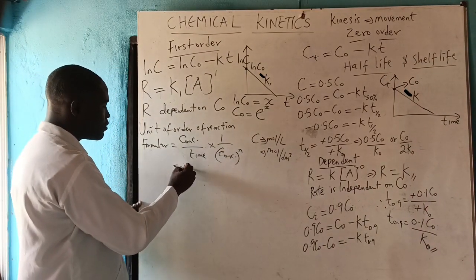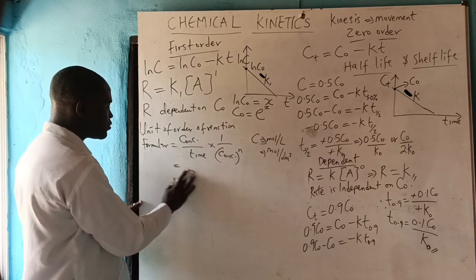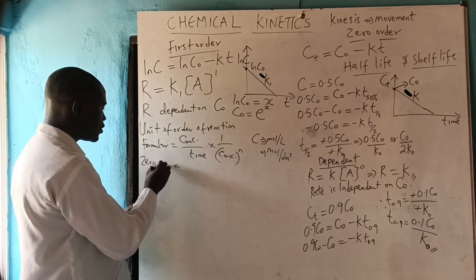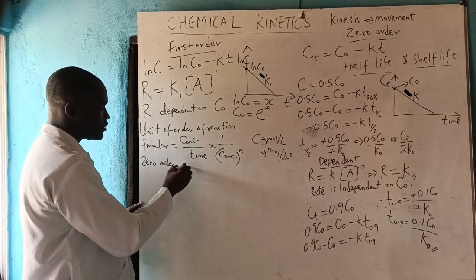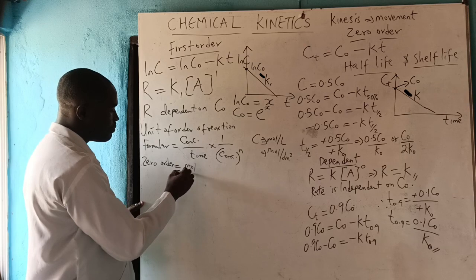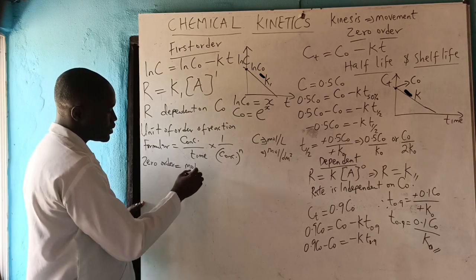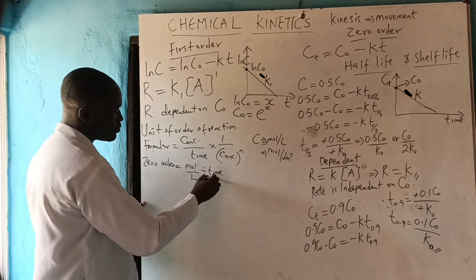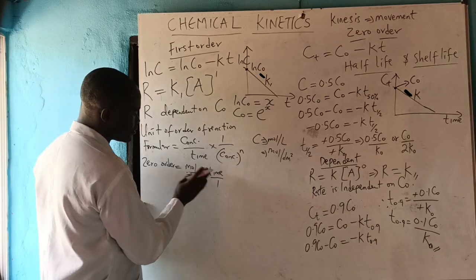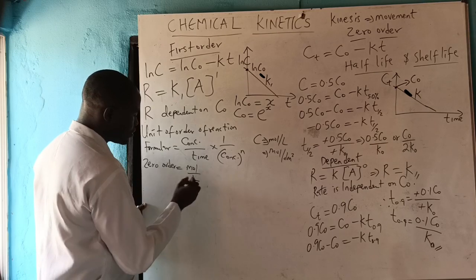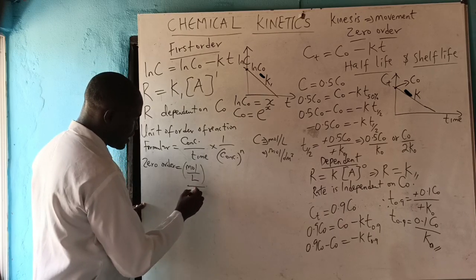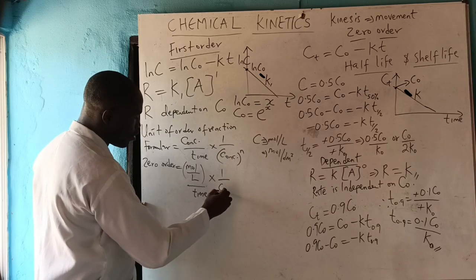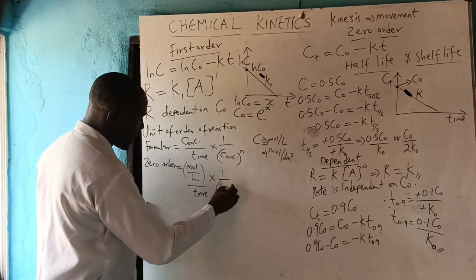This means for zero order, its unit is mole per liter divided by time, times 1 over conc raised to power of 0.